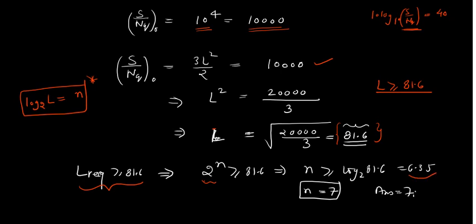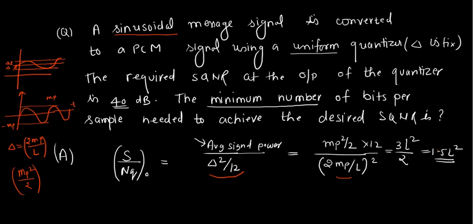You know that n is the number of bits, so it must be a positive integer, 2, 3, 4, 5, 6. So here we should take at least 7 bits in order to achieve the SNR of 40 dB.